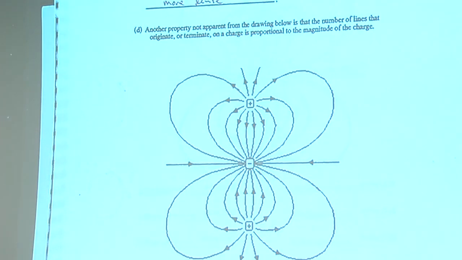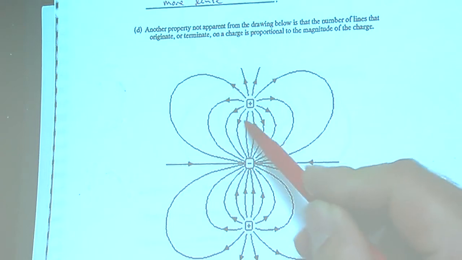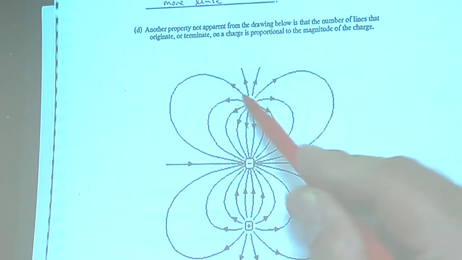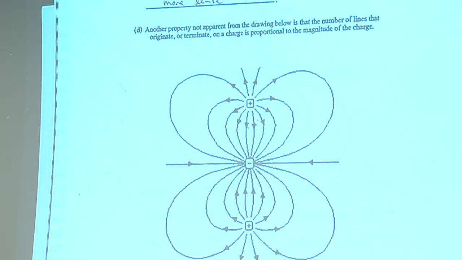So how many lines are coming out of that top positive charge? 1, 2, 3, 4, 5, 6, 7, 8, 9, 10, 12. How many are coming out of the bottom positive charge? The same number. So those two charges have the same magnitude. If one of them is 4 coulombs, the other one is 4 coulombs.